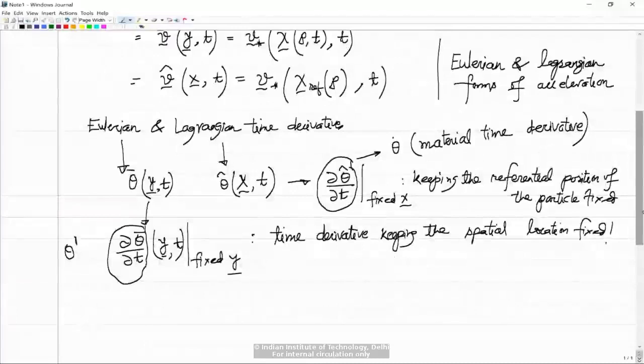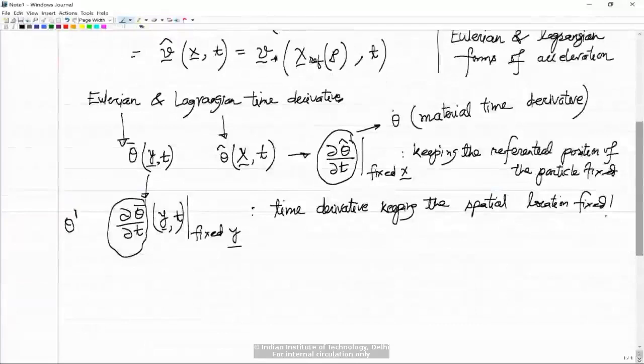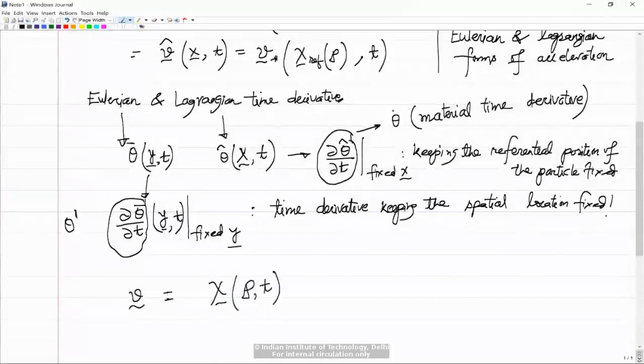So with these notations for Eulerian and Lagrangian time derivatives, can we think of what would again the velocity be? Sorry, this velocity v, if we have this map xi, which is the function of particle p and time t, then whenever we ask for the velocity of a particle, we have to track the particle and see how it is changing its position.